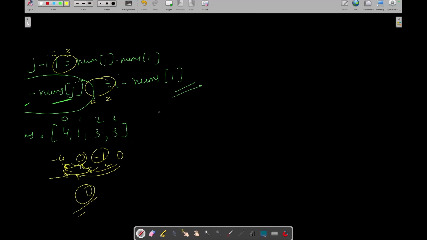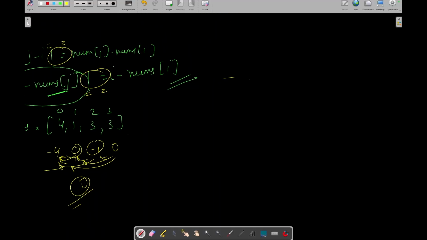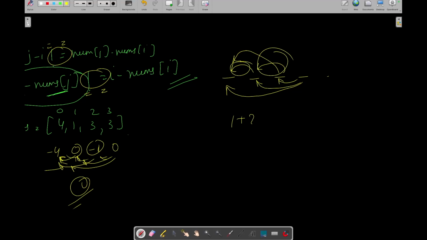And how many total pairs are possible? Let's say you have 4 indexes, right? You will compare this index with the others, this with this, and this one with this and this. So you can see it is 1 and 2 and 3, right? Can you see this is the sum of n numbers?